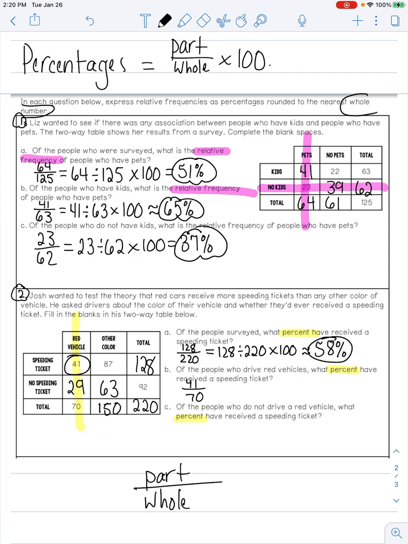Now I've got to change it to a percent. So I do top divided by bottom times 100. That'll work every time to change a fraction to a percent. So top 41 divided by bottom 70 times 100 is about 59%. So about 59% of the people who drive red vehicles have received a speeding ticket.